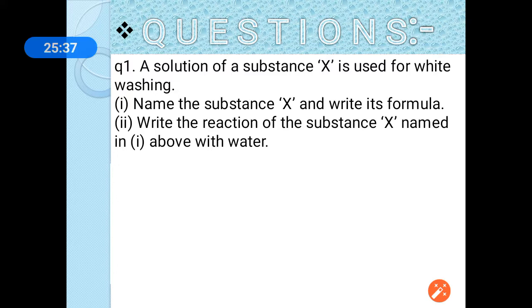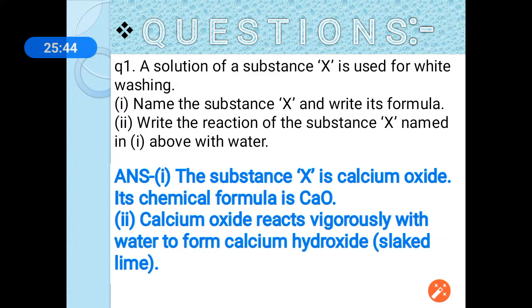Now, from which is the calcium carbonate formed? That is from slaked lime, calcium oxide. So the substance X is calcium oxide, because calcium oxide, when it is dissolved in water, becomes calcium hydroxide, and then this calcium hydroxide used for whitewashing absorbs carbon dioxide from the atmosphere, and after some time or the next day it becomes white because of the formation of calcium carbonate.